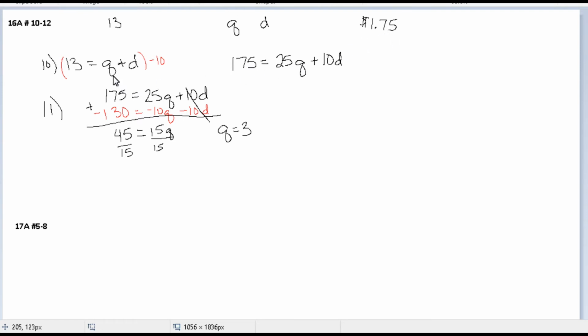So if I just take this over here, that's usually the easiest one to go to, is how many coins there are. There's 13 coins total. 3 of them are quarters and some of them are dimes. So if I subtract 3, I have 10 is equal to d.